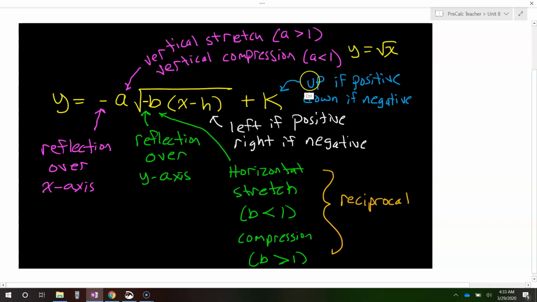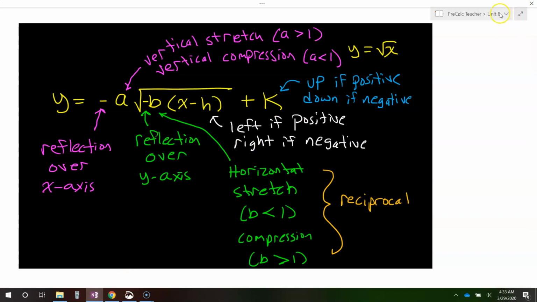If this is positive, you move up. If it's negative, you move down. So that's a basic review of how these changes to the parent function will affect the graph. In this case, the parent function was y equals the square root of x, and it works the same way for any function.